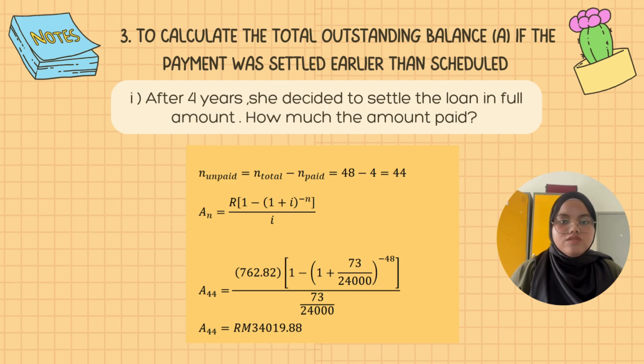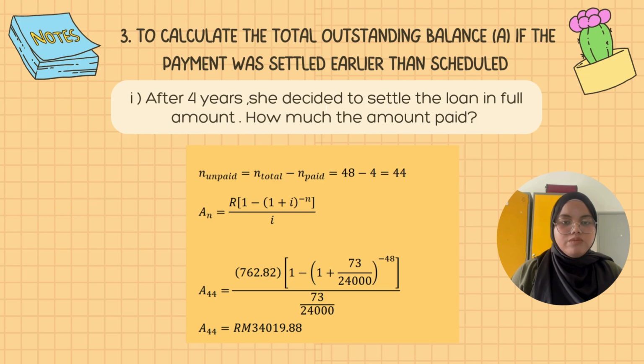To calculate the total outstanding balance A if the payment was settled earlier than scheduled. Objective 3. After 4 years, she decided to settle the loan in full. How much is the amount paid? The unpaid is N total minus N paid equals 44, and A44 equals R times (1 minus (1 plus i) to the power of negative N) over i.